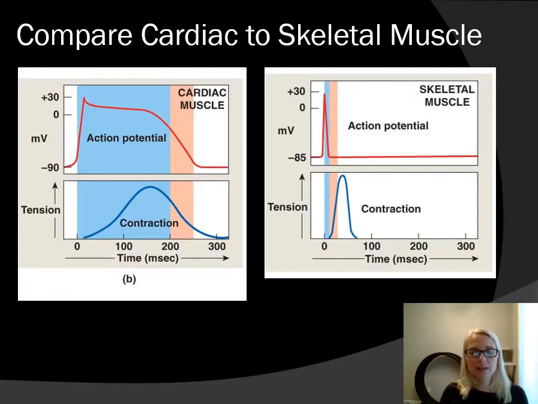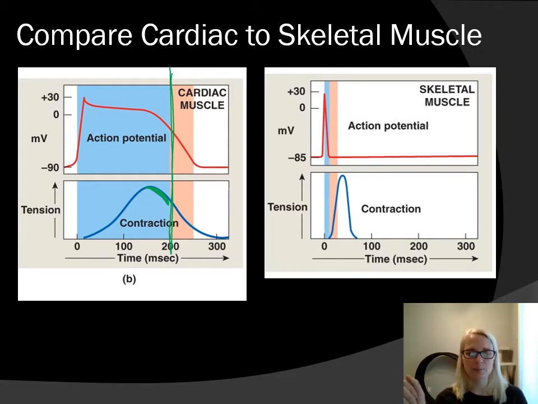So if we compare cardiac muscle to skeletal muscle, we can see why tetanus cannot occur in cardiac muscle, but it can occur in skeletal muscle. This part right here is key. Right at the barrier between the absolute refractory period and the relative refractory period, the cardiac muscle cell has already started relaxing.